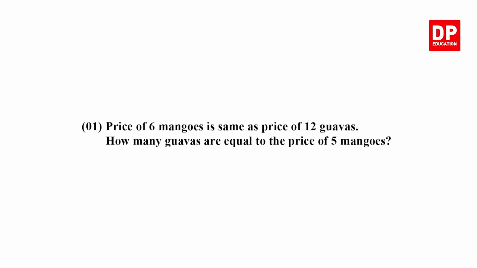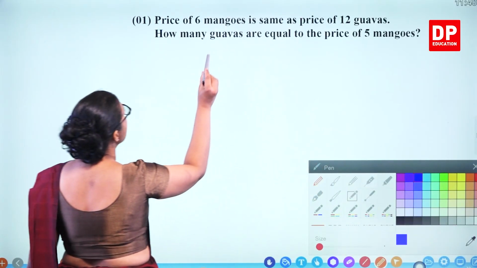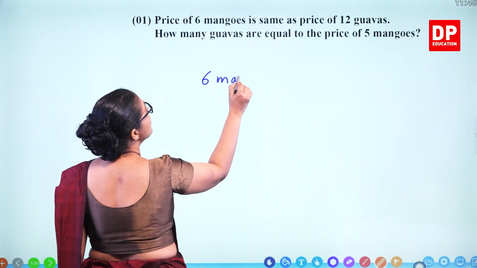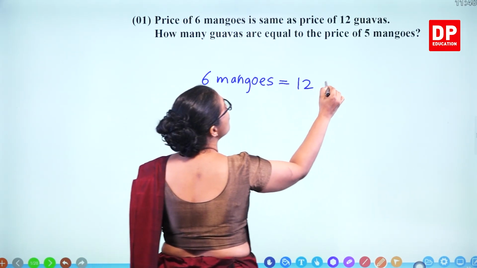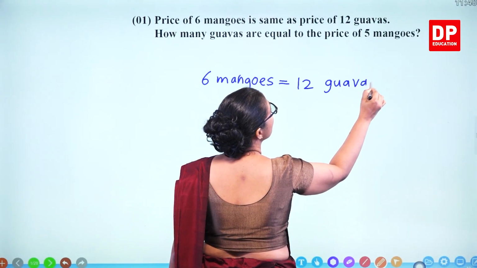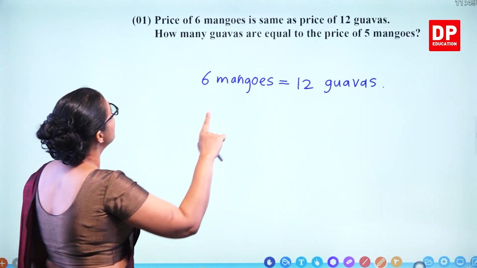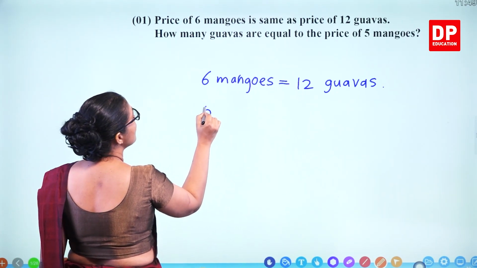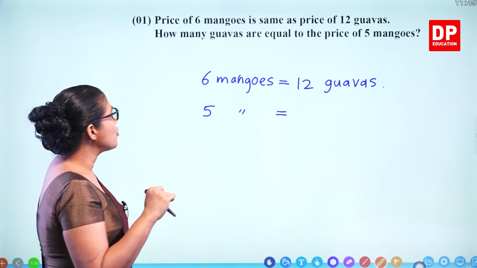So we'll do question number 1. Price of 6 mangoes is the same as the price of 12 guavas. How many guavas are equal to the price of 5 mangoes? So 6 mangoes is equal to 12 guavas, and now they're asking if there are 5 mangoes, how many guavas are equal to that?